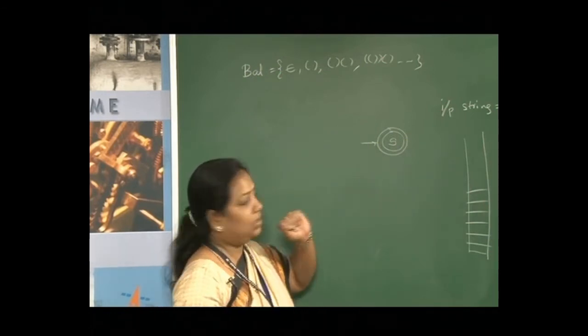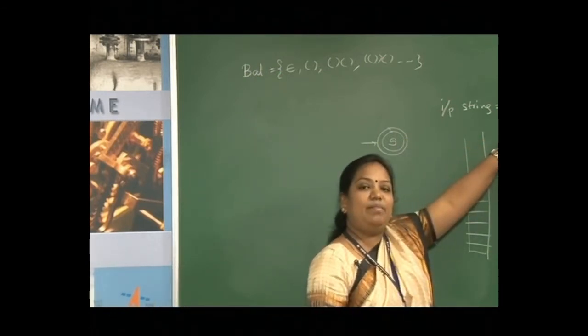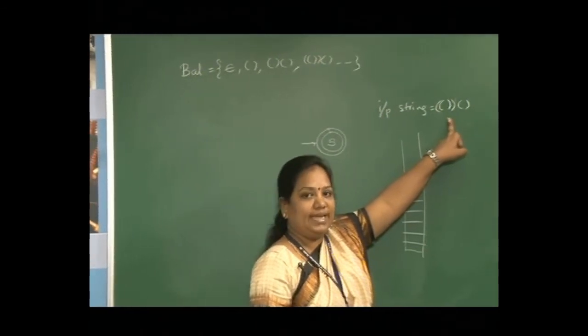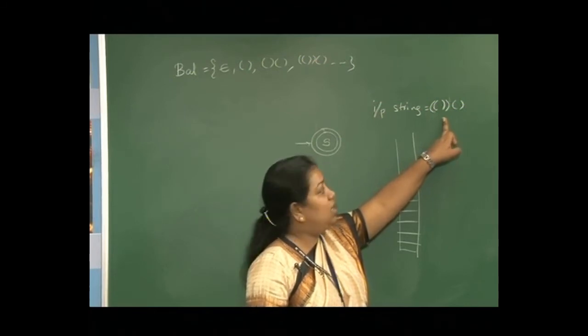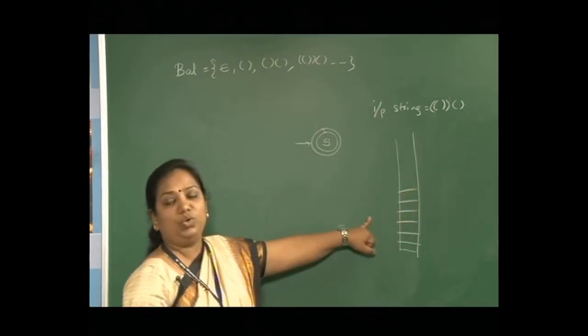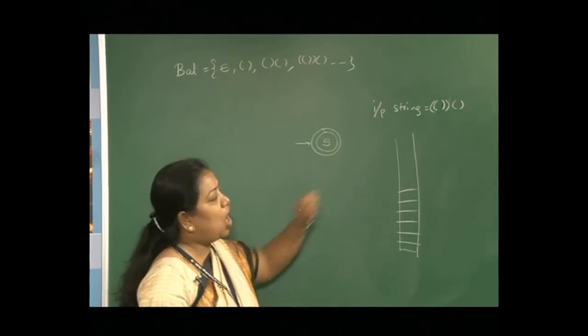Must this input string be accepted by this language or not? Yes, it is accepted, we have derived it from the context free grammar. For the same string, I must be able to design the PDA. So how will you design it?